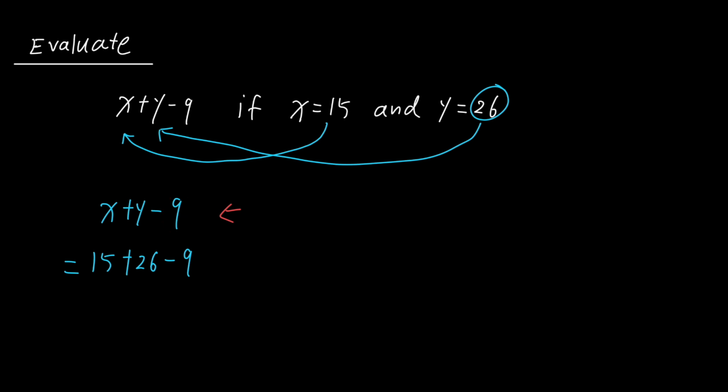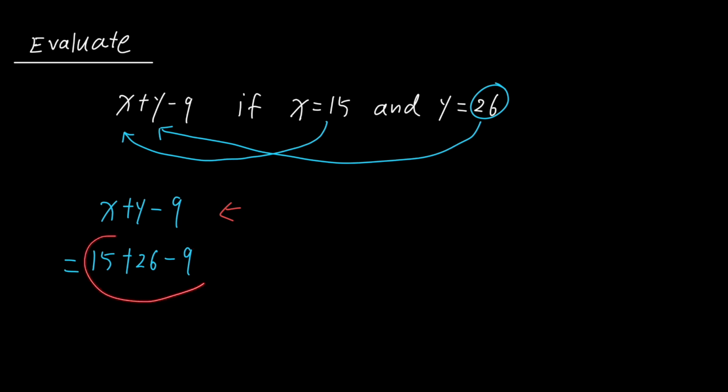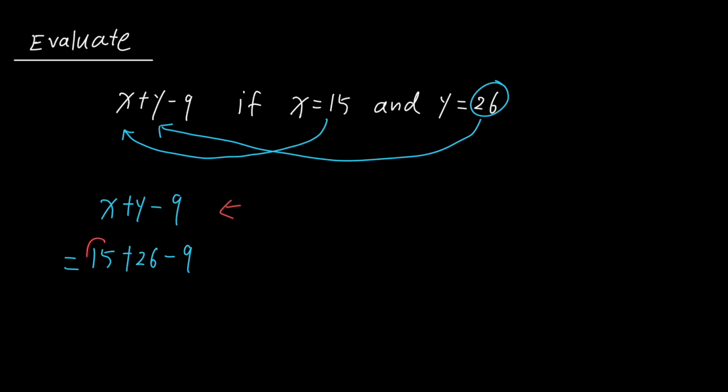So it's an algebraic expression. But after we replace the variables x and y, it turns out this second expression will be different. So we have three numbers here and we have two operations. So we call it a numerical expression.